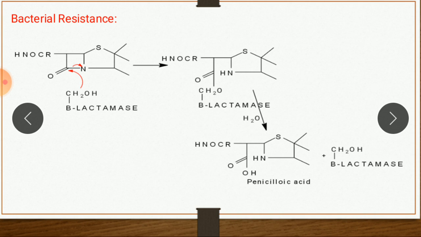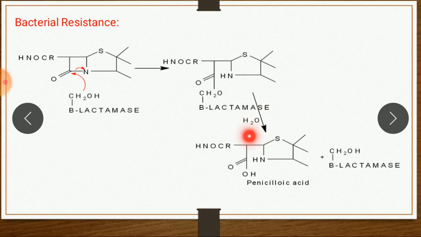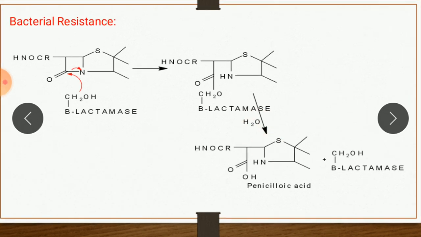So in short, the beta-lactamase enzyme present in bacteria attacks the beta-lactam ring and forms penicilloic acid. There is a breakage of the beta-lactam ring and the enzyme is again separated, ready to attack another molecule of penicillin. So this reaction shows how the beta-lactamase enzyme attacks the beta-lactam ring of penicillin and converts penicillin into penicilloic acid.